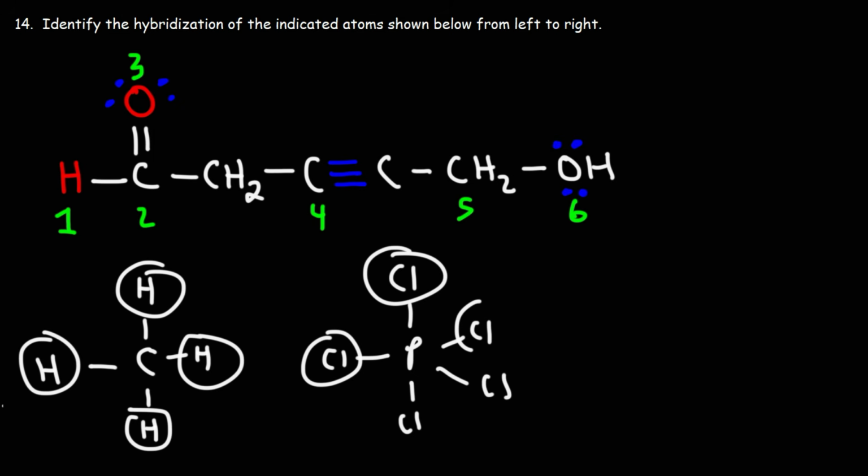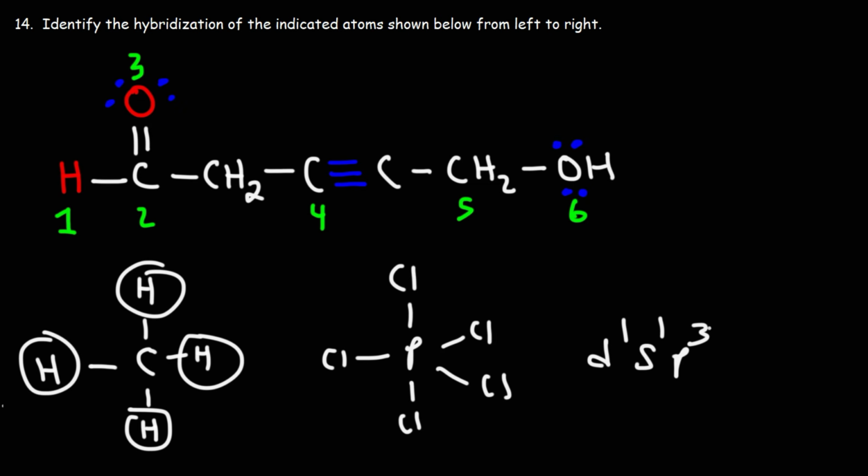Here the phosphorus atom has 5 groups around it. It turns out that the hybridization at the phosphorus atom is going to be D1S1P3. 1 plus 1 plus 3 adds up to 5. So notice that the sum of the exponents will usually add to the number of groups of the atom of interest. Here's another example.